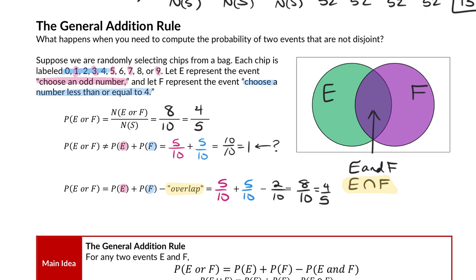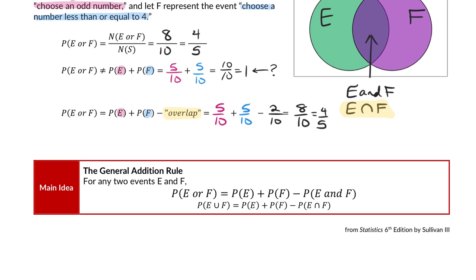I get it, but when the events get more complicated and they are not disjoint, they are not mutually exclusive, we have to subtract the overlap. That means our general addition rule, the rule I'd prefer you to memorize, is this: if we are doing the addition rule or the OR statement for any events, we take the probability of the first event plus the probability of the second event minus the probability that they overlap.